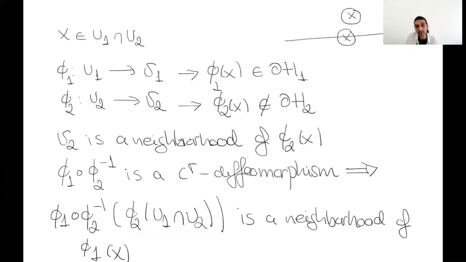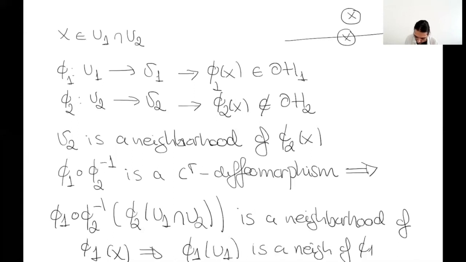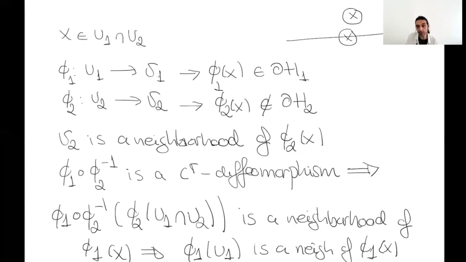Okay, but this implies necessarily that the image of U1 is a neighborhood of phi1 of X, and in particular, the point phi1 of X does not belong to the boundary of H1, okay? Because if the half space is a neighborhood of the point, it's because it's interior.